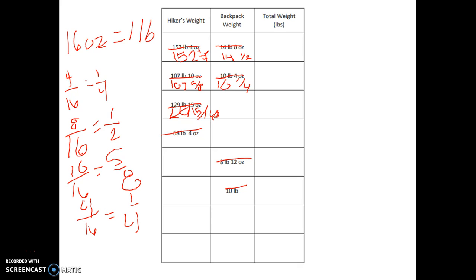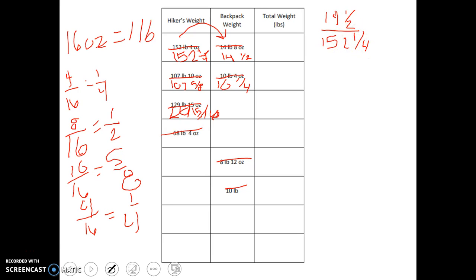We do know that if we're going to go from the weight of the hiker to the backpack weight, they're going to be the same number. So now we need to figure out that ratio. We're going to take the backpack weight of 14.5 and divide it by the weight of the hiker, 152 and 1/4, okay?